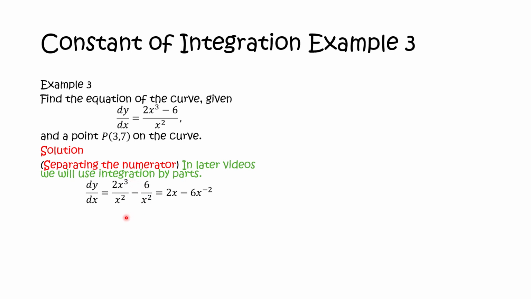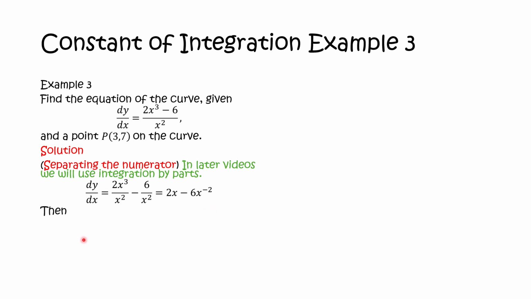So I encourage you to subscribe so that you don't miss out on any of our future videos that will cover some of these techniques. Great. So our dy dx separated would give us 2x cubed divided by x squared minus 6 over x squared, and that simplified would be equal to 2x minus 6x to the power minus 2.